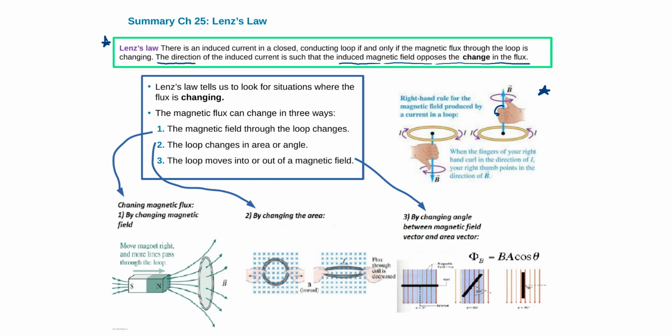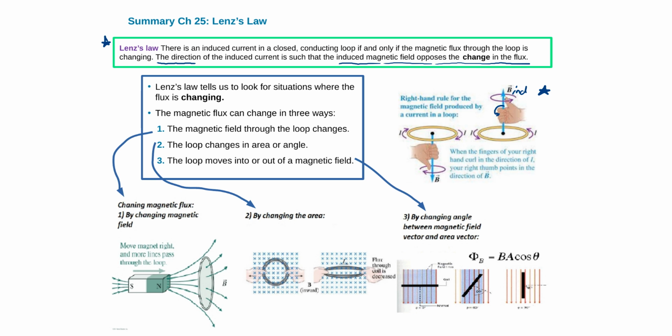The thumb will be showing the direction of the magnetic field, and the fingers will be showing the direction of current. We'll be doing this kind of backwards here. We will know the induced magnetic field, so we'll put our thumb along that field and roll our fingers. That's it. We'll see the direction of the induced current.